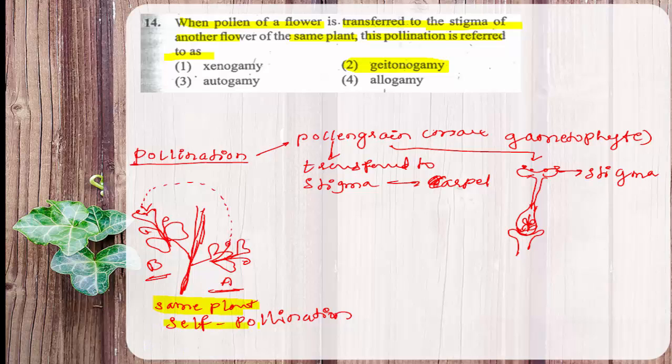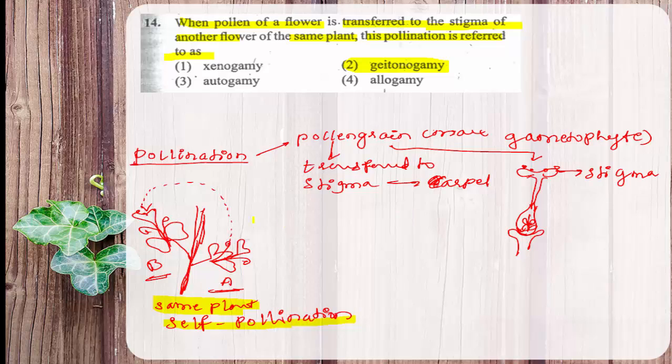It is a specific type of self-pollination, and it is known as geitonogamy. Autogamy is called self-pollination. Allogamy is called cross-pollination. Xenogamy is also nothing but cross-pollination.